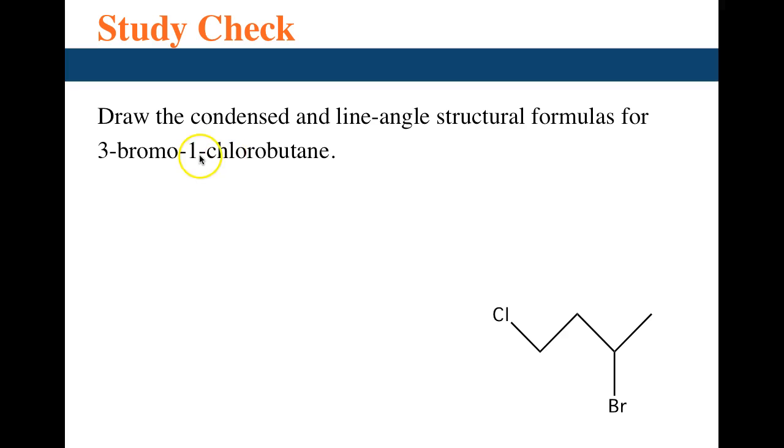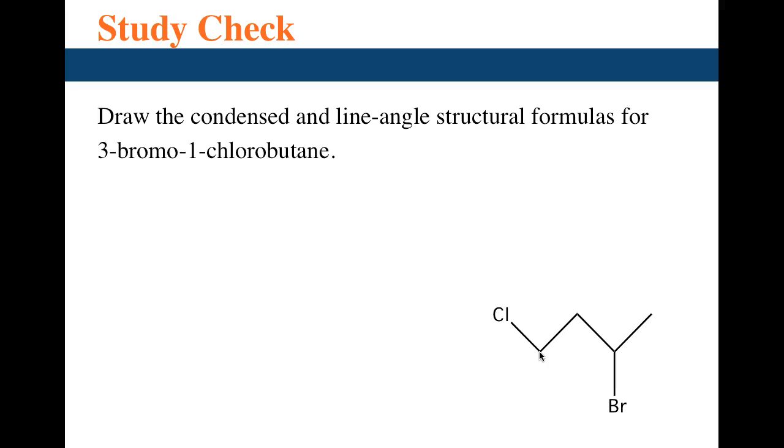Chloro has to be on the first carbon, so it's attached over here. And then on the third carbon is the bromo, so it's attached here. And it's in alphabetical order, so 3-bromo, 1-chlorobutane. Okay.